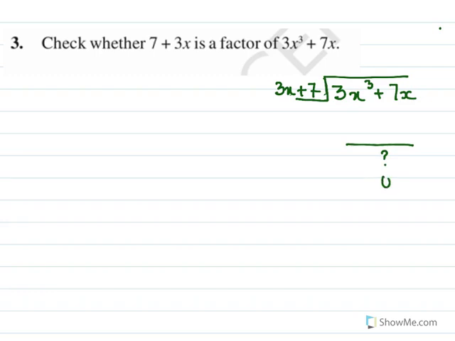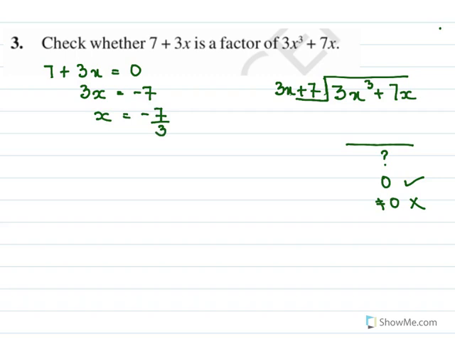If the remainder comes 0, we will say yes, it is a factor. If not equal to 0, we will say not a factor. So how do we check for the remainder without doing the division? We will do 7 plus 3x equal to 0, 3x equal to minus 7, so x equal to minus 7 by 3.